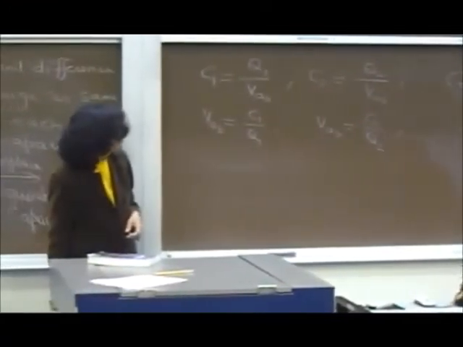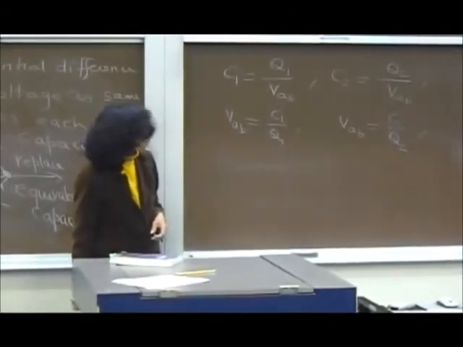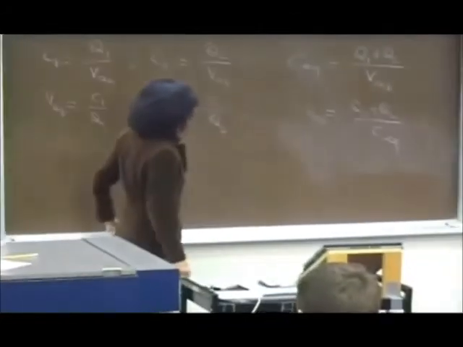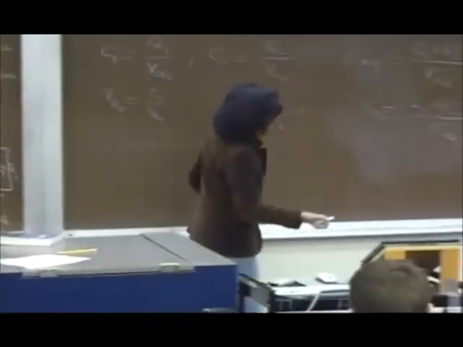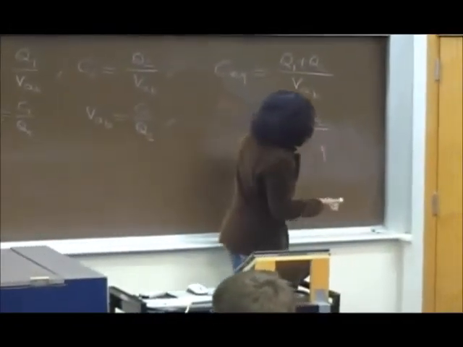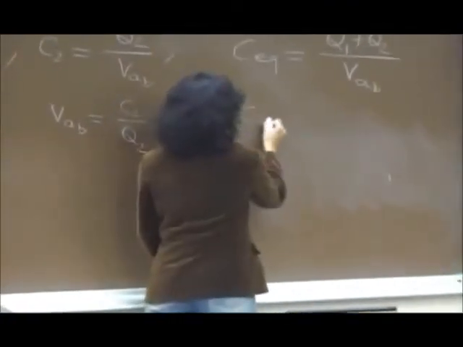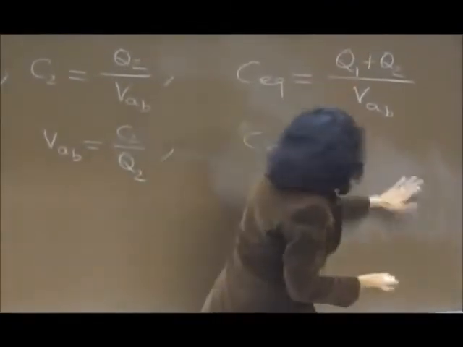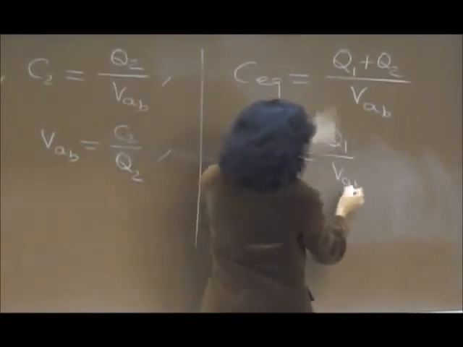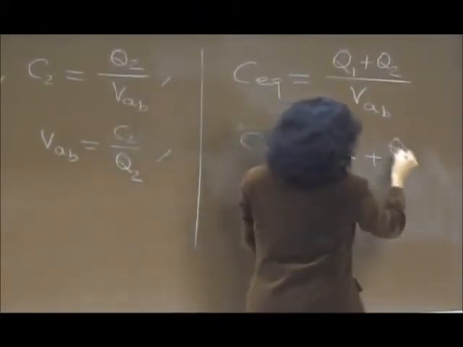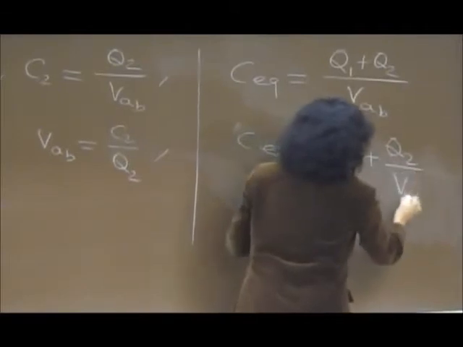So what can we do? Any thoughts on what we can do? Or another way to say this is, let's not even bother with this. We can just say C equivalent here. Do you see C equivalent here is equal to Q1 over VAB, this, plus Q2 over VAB.